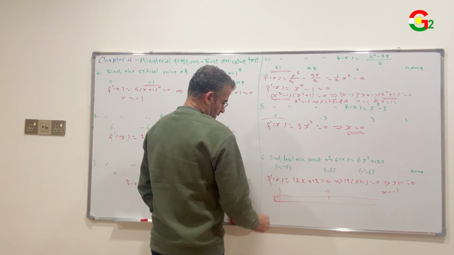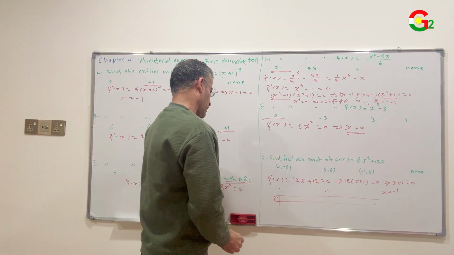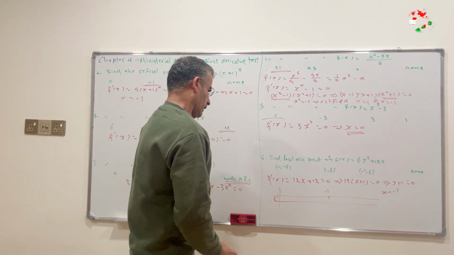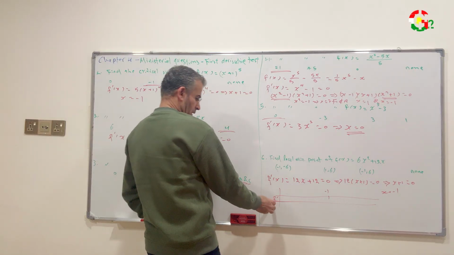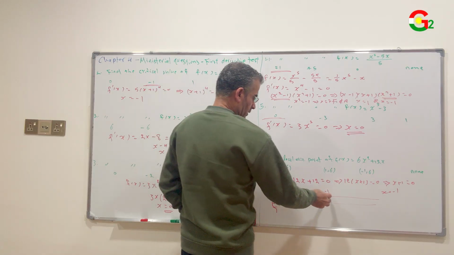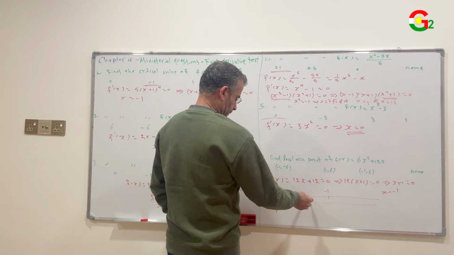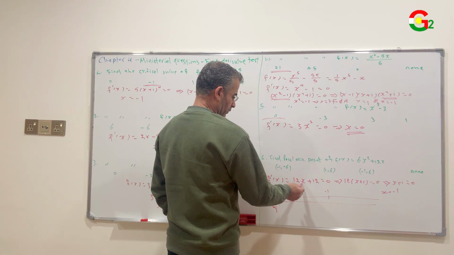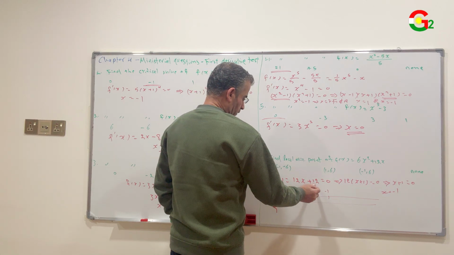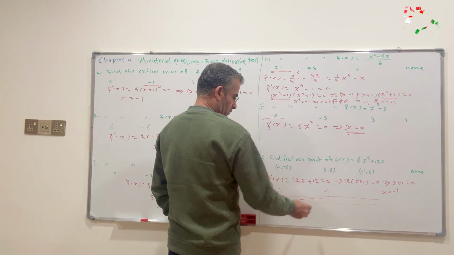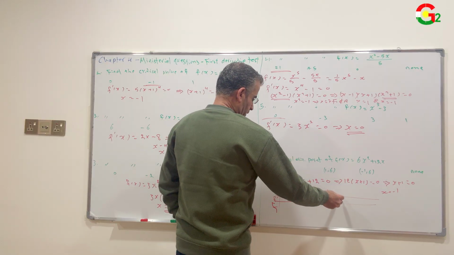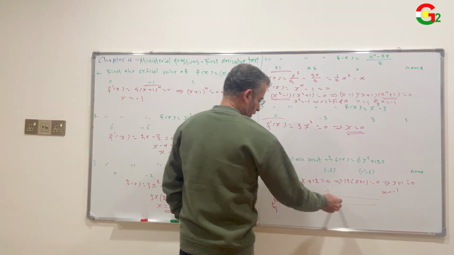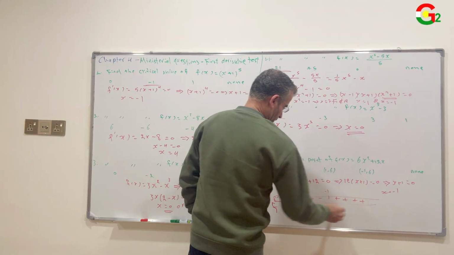Find the sign of the derivative before and after this value. Before negative 1, take negative 2: 12 times negative 2 is negative 24, plus 12, it is a negative value. For 0, 0 plus 12, 12, a positive value.